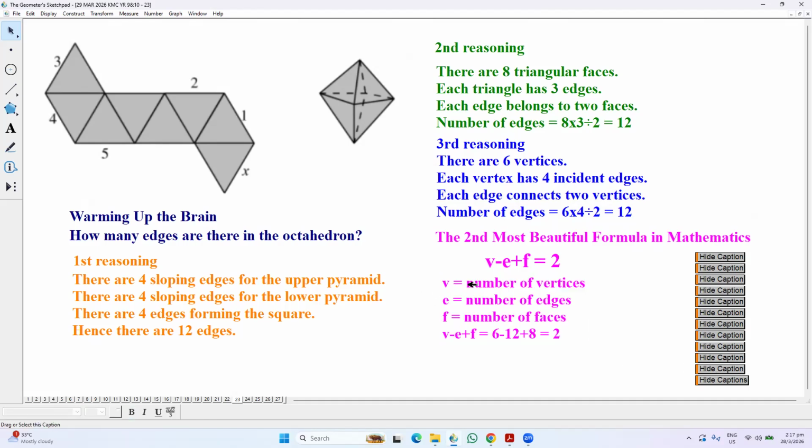V is the number of vertices, E the number of edges, and F the number of faces. So V minus E plus F, 6 minus 12 plus 8 equals 2. Now, all these exercises can help us try to answer the question.